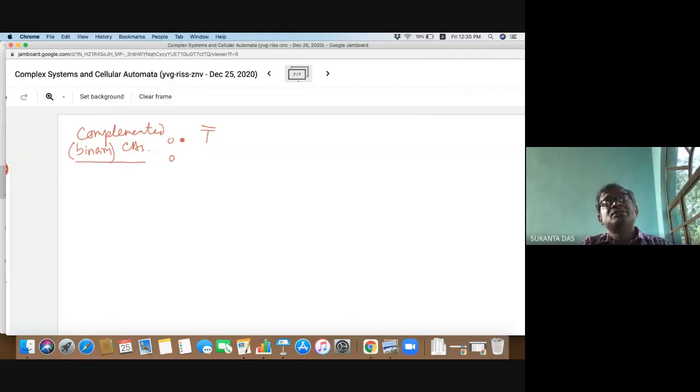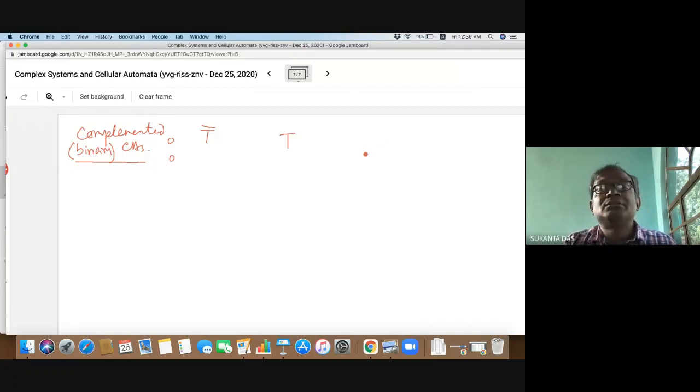How can we use the T matrix or lattice algebra for this complementary CA? We have discussed that suppose T is the matrix of a linear CA. From the linear CA, I get a complementary CA. Let me just give an example, then it will be clear.